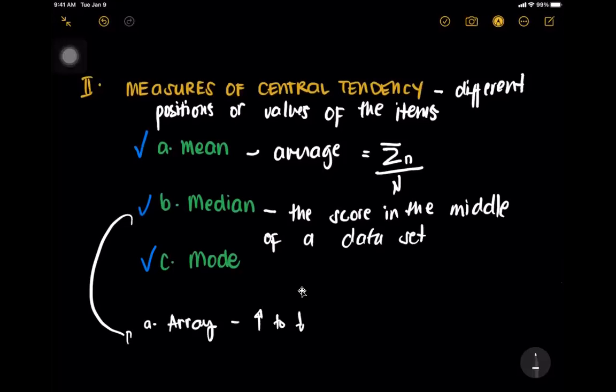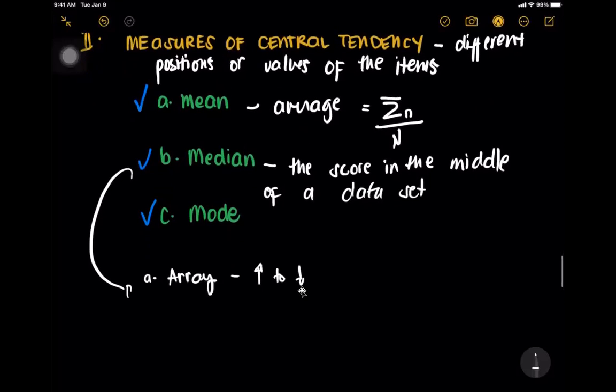If there are scores that are repeated, say there are five number threes, you don't have to write the five threes, just the three only. Do not write repeated numbers. Usually it's quite easy to identify the median if you have an odd array.